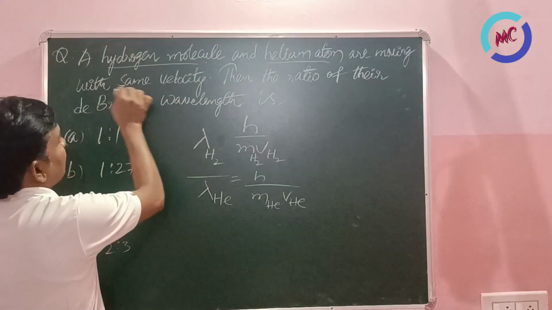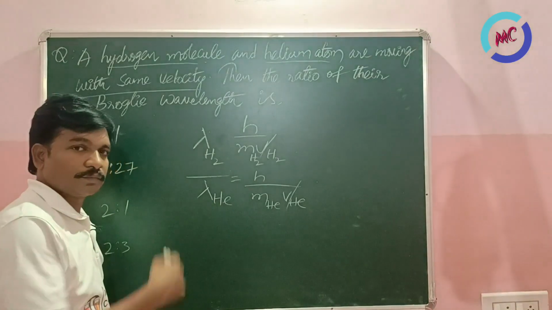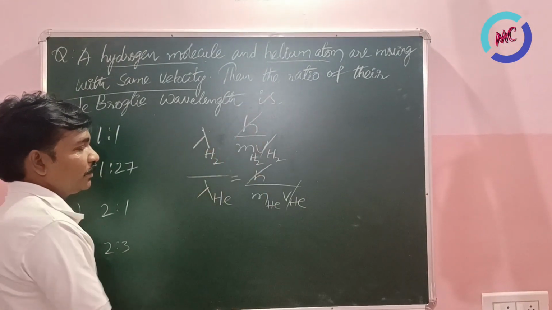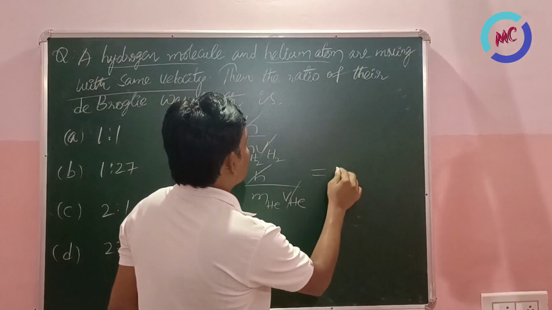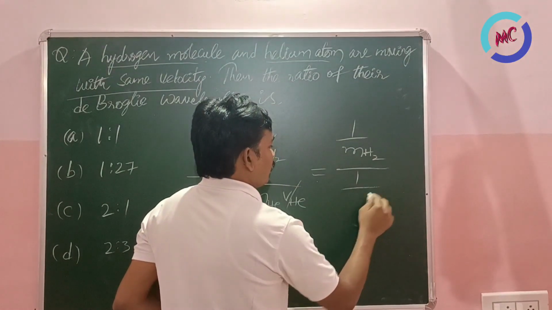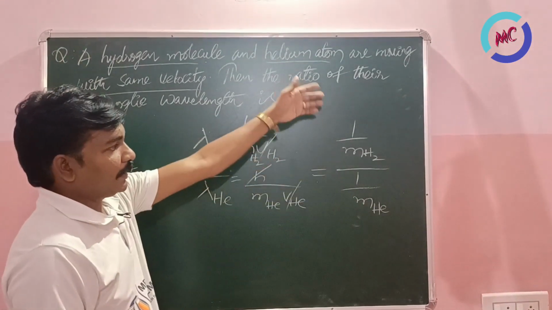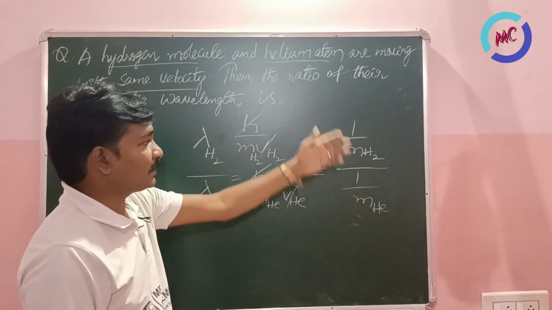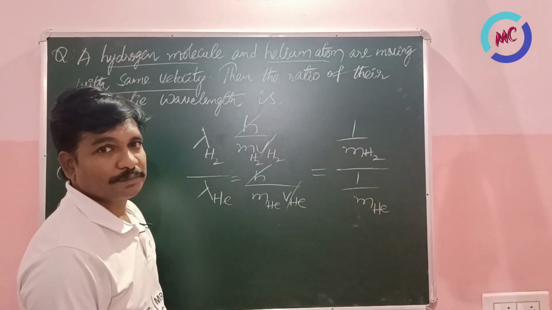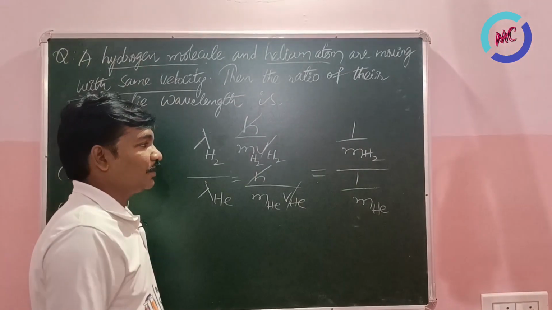One condition is there: they are moving with the same velocity, so we can strike out velocity. Planck's constant is common for both, so we can strike out Planck's constant also. Therefore, that is equal to 1 by mH2, the mass of hydrogen, divided by 1 by mass of helium atom. A by B divided by C by D is A by B into D by C. That is mathematical basics. To calculate all these things, we have to learn mathematical basics. Then only we can do calculations easily.